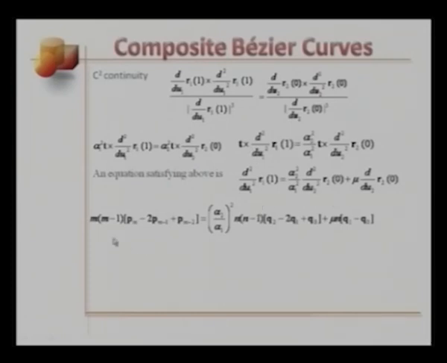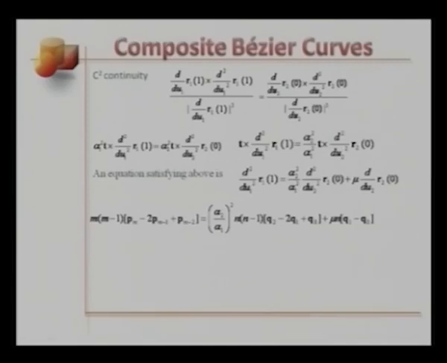So we have m times (m minus 1) times (P_{m-2} minus 2P_{m-1} plus P_m), and that is equal to (alpha 2 over alpha 1) the whole square times (n minus 1) times (Q2 minus 2Q1 plus Q0), which corresponds to the second derivative right here, plus mu times n times (Q1 minus Q0).